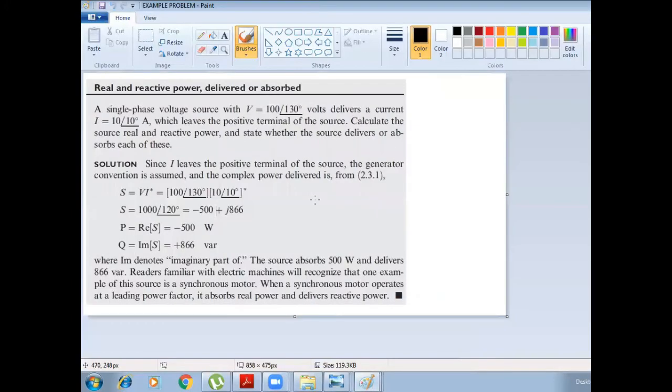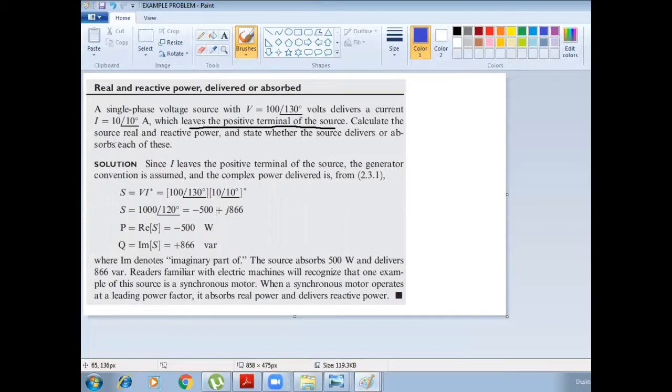Let us take one example of real and reactive power, whether it is delivered or absorbed. A single phase voltage source with V equal to 100 at an angle 130 degrees volts delivers a current of I equal to 10 at an angle 10 degrees, which leaves the positive terminal of the source. So leaves the positive terminal of the source, that means it is a generator.